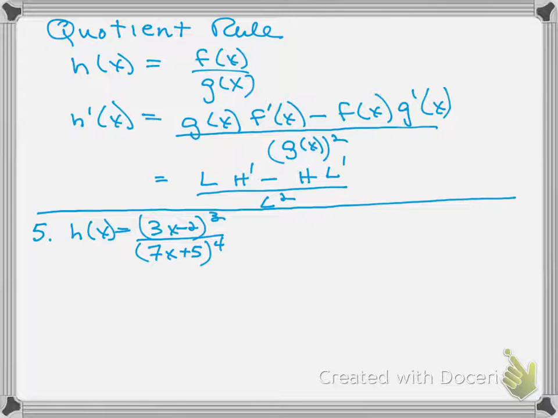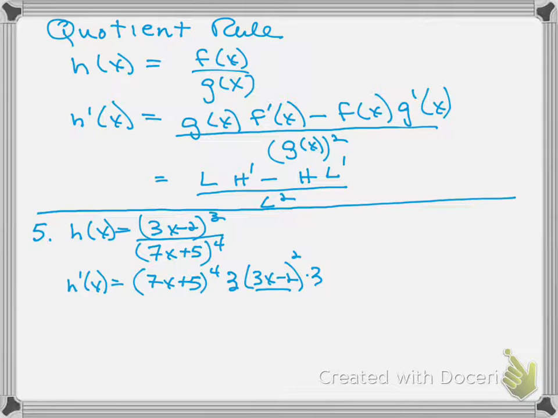Okay, so let's go ahead and do our derivative. Hopefully I have enough room. So h prime of x equals low, 7x plus 5 to the fourth, d high. Okay, bring down your power, 3x minus 2, that's going to be to the squared, and then times the derivative of the inside, because remember you have the chain rule.